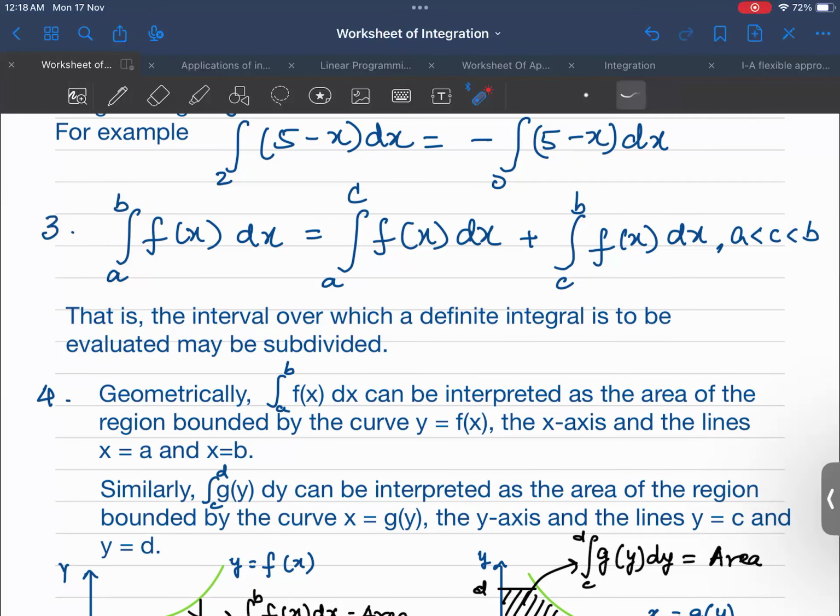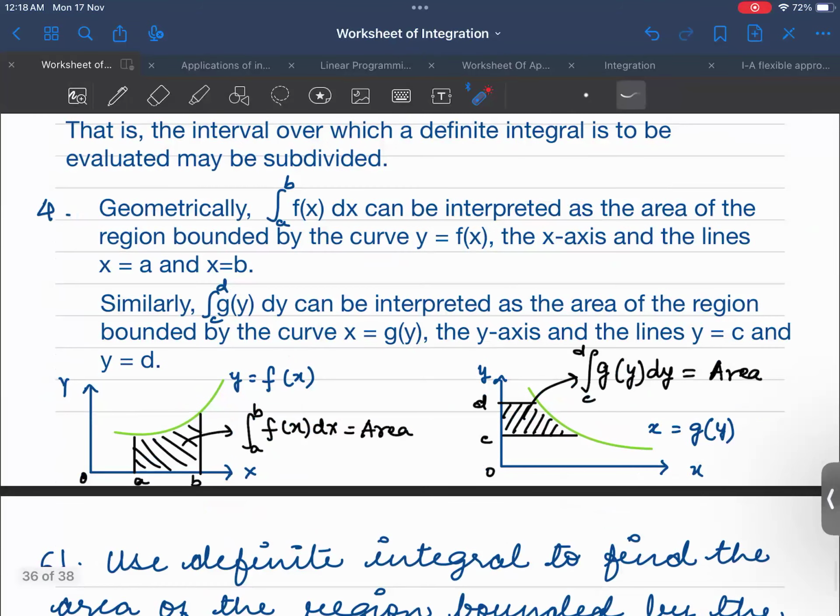Now, fourth, geometrically, the integral from a to b of f(x) dx can be interpreted as the area of the region bounded by the curve of the function f, the x-axis and the lines x = a and x = b. Whenever we say between a and b, our function f(x) lies between the two lines at a and b, and the lines on the x-axis will be a and b. Similarly, if we take g(y) dy, with respect to y, in that case the area of the region is bounded by the curve, the y-axis and the lines y equals c and y equals d.